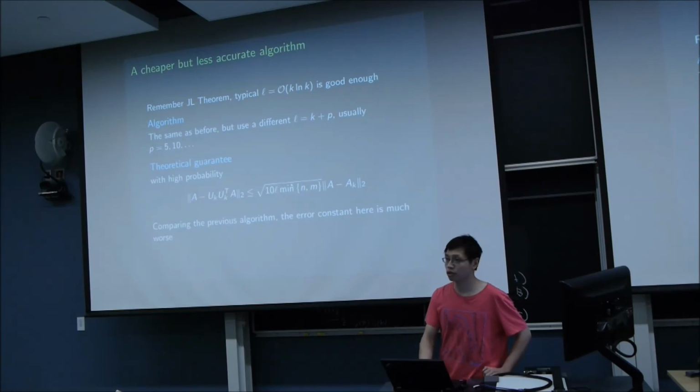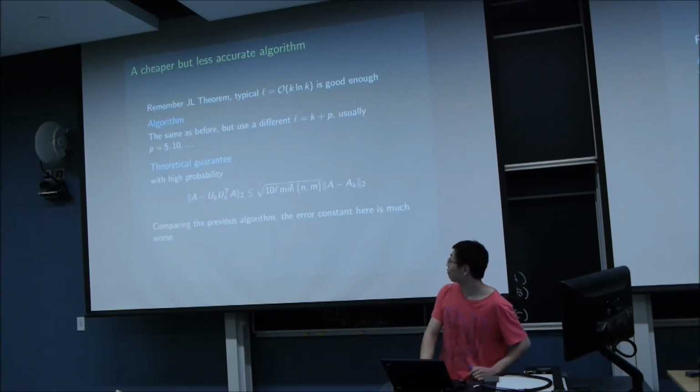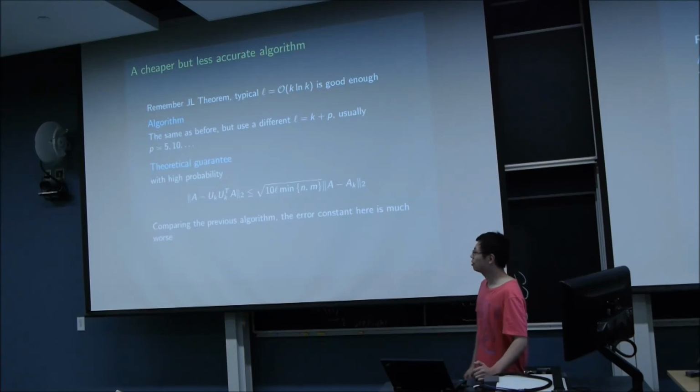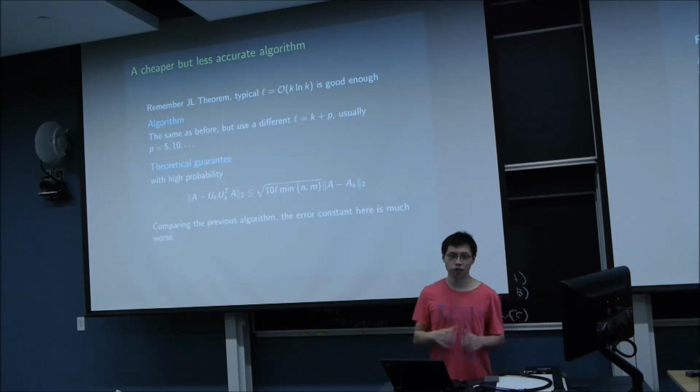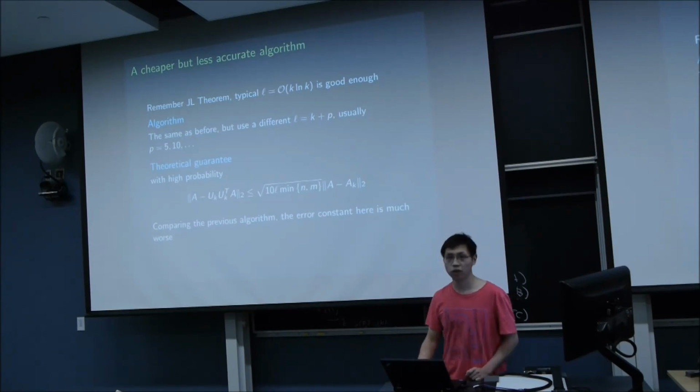So this constant is much larger than the previous one, but we can usually have a much smaller L. So L is the trade-off between approximation error and computational efficiency.